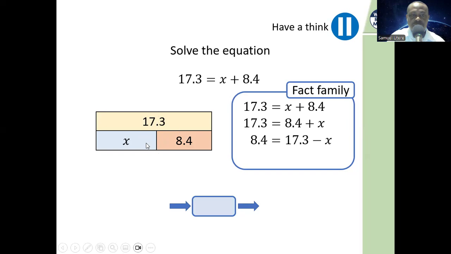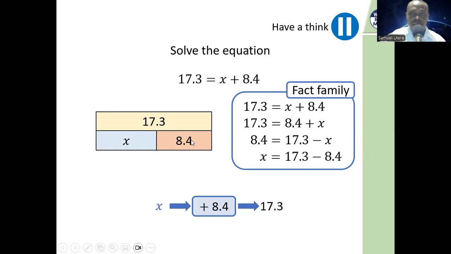That's how you would write it as an equation. It's the same for the 8.4 bit. If I slice off 8.4 from the 17.3 bar, I'll be left with x. So the way to write it as an equation will be 17.3 minus 8.4 is equal to x.